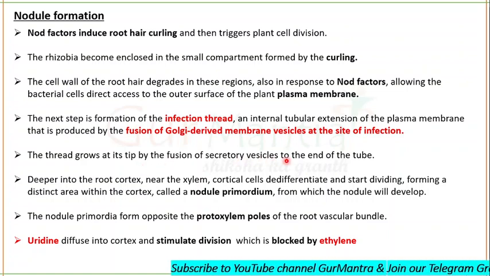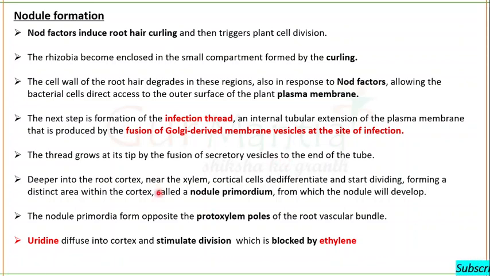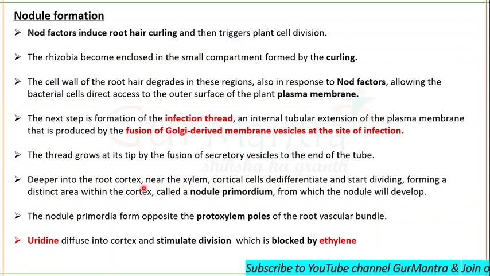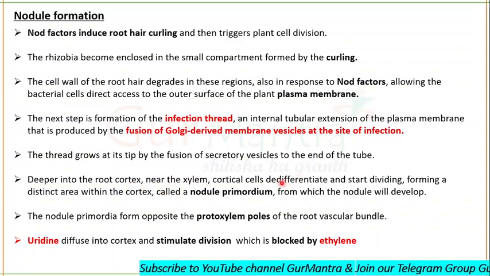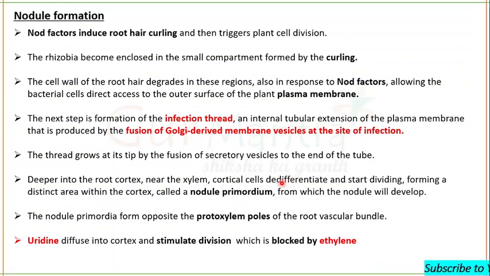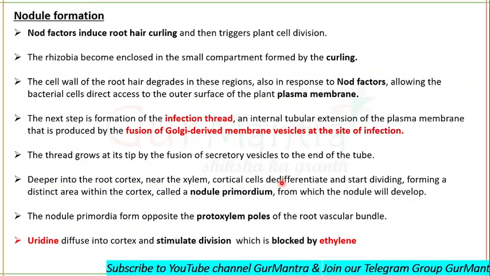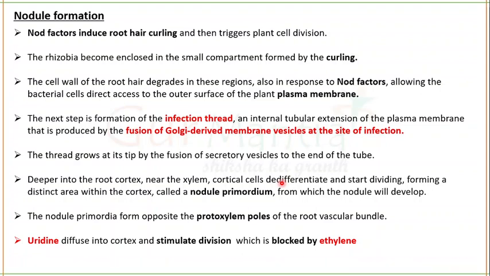So this infection thread goes deeper into the cortex, and when it reaches the cortex, the already differentiated cortical cells become de-differentiated. After that, they start dividing. We know that differentiated cells have lost their ability to divide, and de-differentiated cells have the ability to divide.